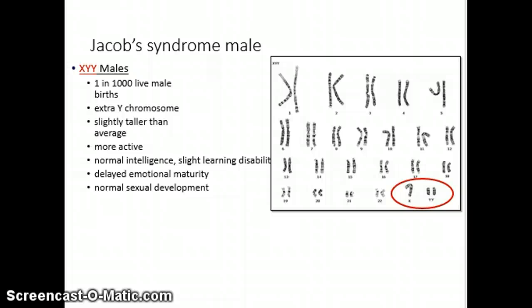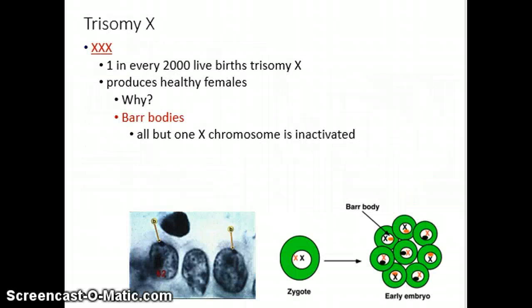And with a woman with an extra X, there actually is no outward symptom that this has occurred. The reason seems to be the formation of Barr bodies, which is that X inactivation. Instead of inactivating just 1 X chromosome, the body can inactivate 2 of the X chromosomes. So trisomy X seems not to be a problem at all.